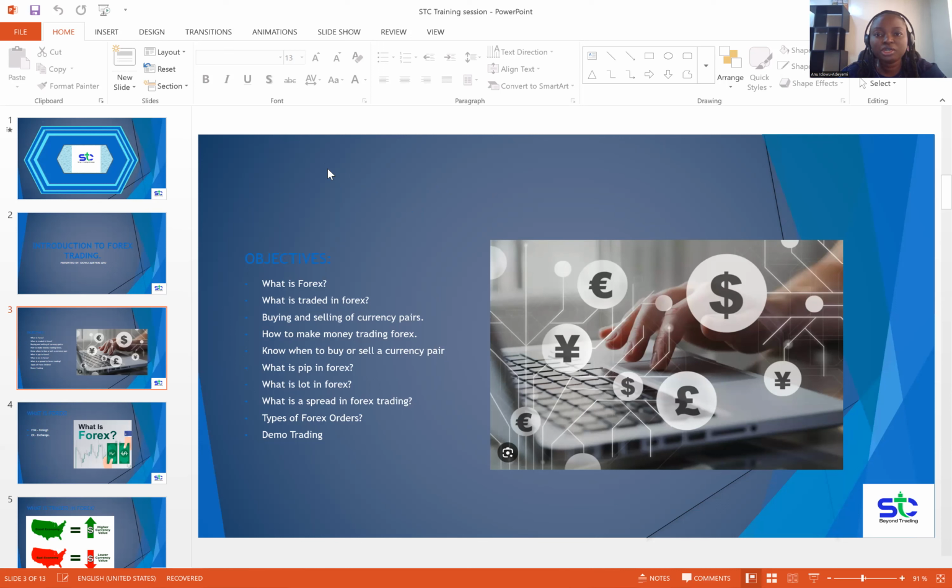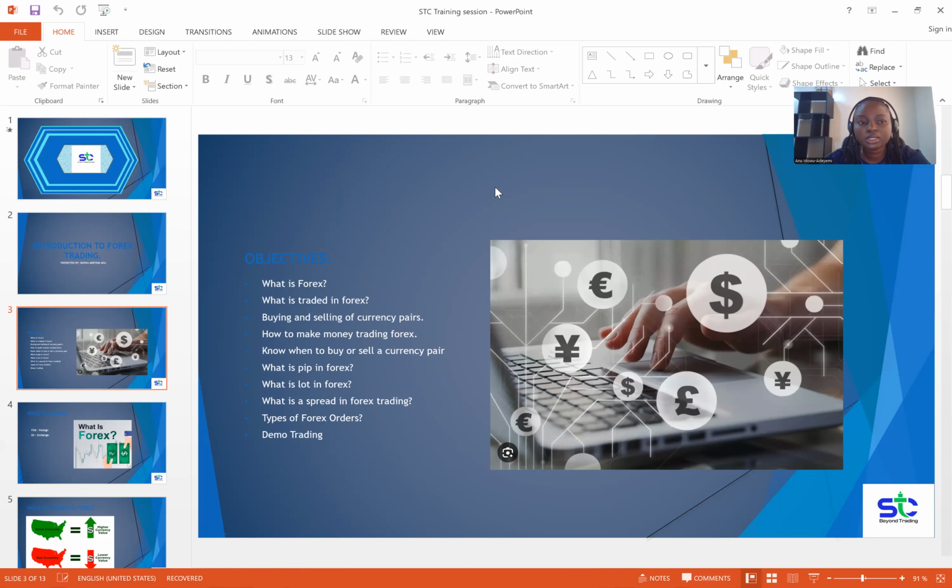So let me share. Today we'll be looking at the lot size, and this time around we'll be looking at the third category, which is the standard lot.